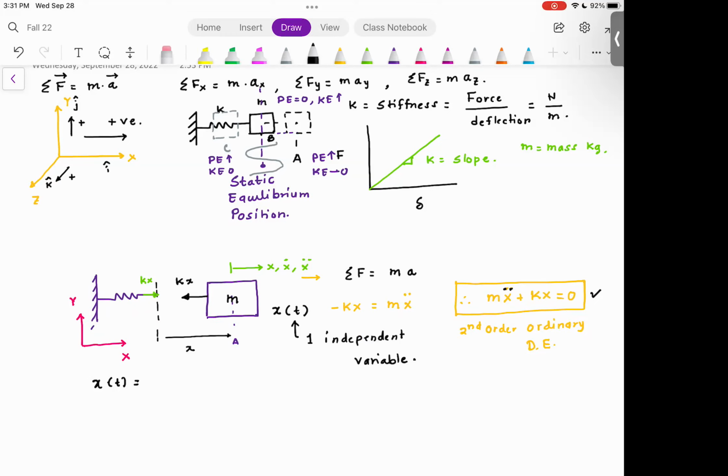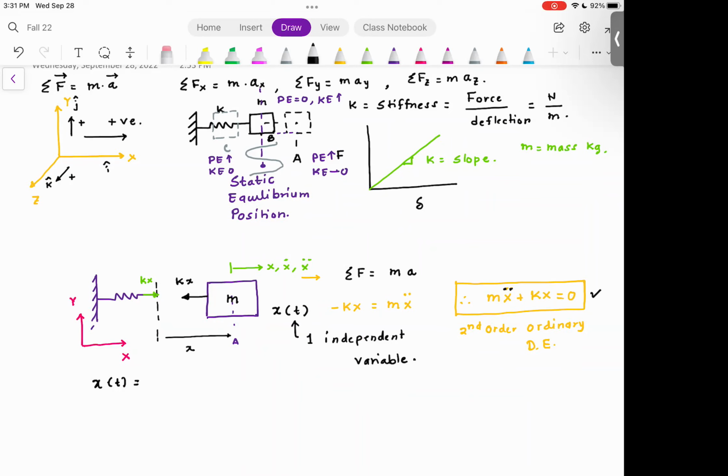Anyway, so what is the disadvantage of this approach, Newton's law? The major disadvantage of Newton's law, I don't know if you noticed it, is drawing the free body diagram.